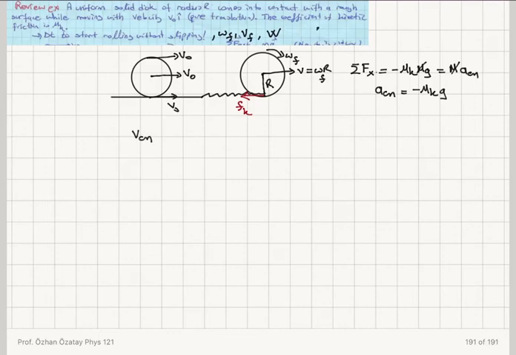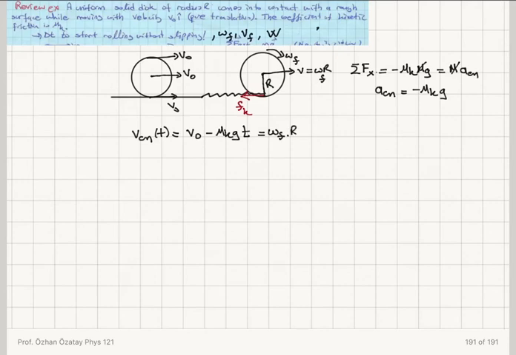Okay, and what will happen is the velocity of the center of mass as a function of time will be v0 minus mu k g, its center of mass acceleration, times t.